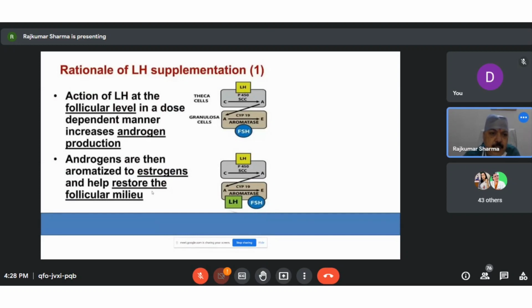The action of LH at the follicle level, which is dose dependent, increases androgen production. These androgens are then aromatized to estrogen, which will restore the follicular milieu and give better quality and more number of oocytes.